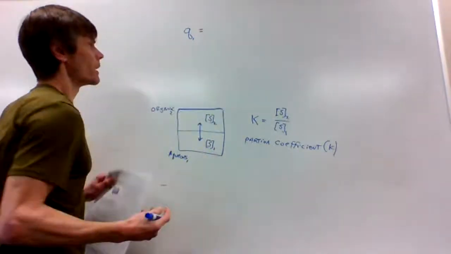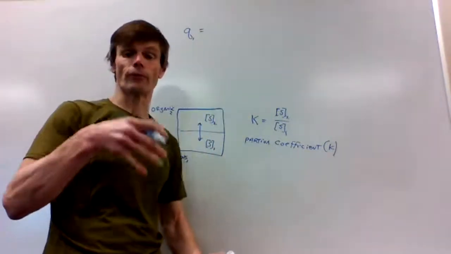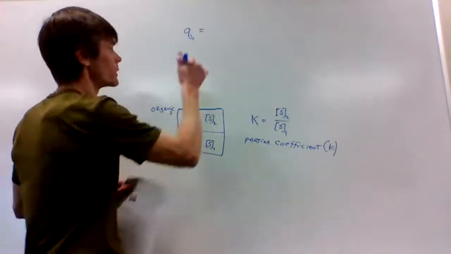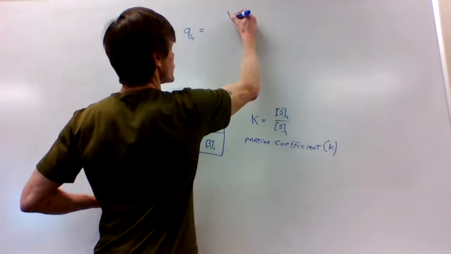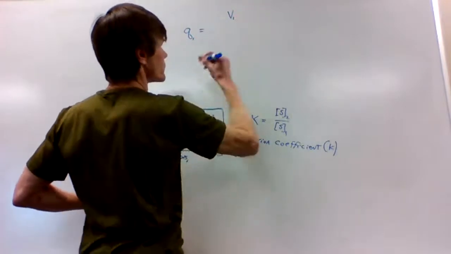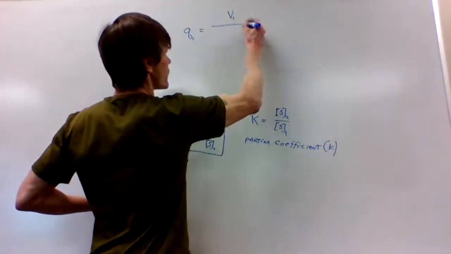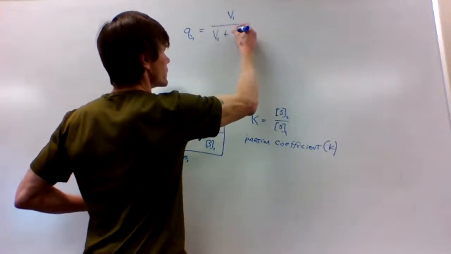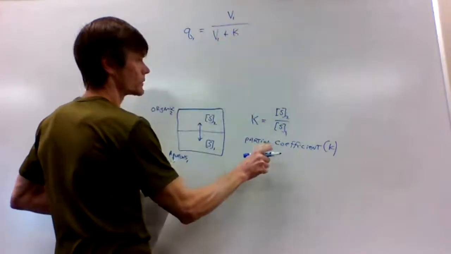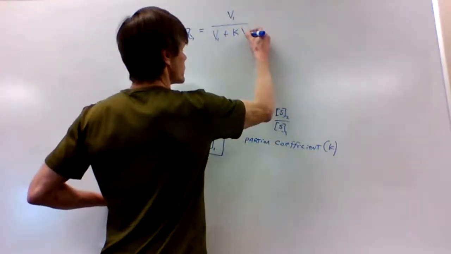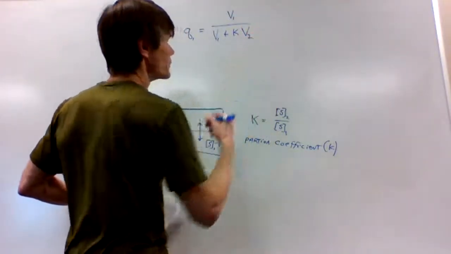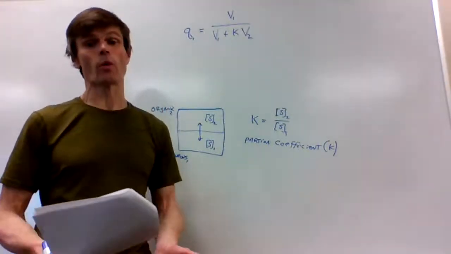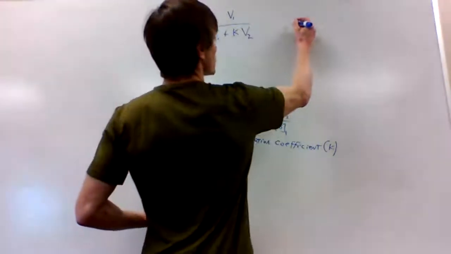As being related to the volume that was originally in phase 1 and the aqueous phase, V1, divided by V1 plus K, our partition coefficient, times the volume in V2. So let's define all these terms so we know what we're talking about.